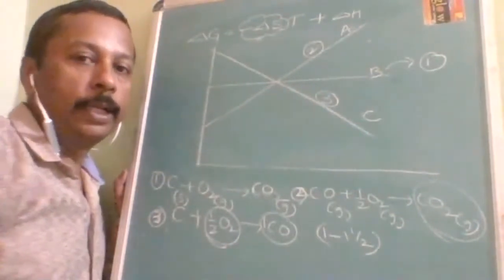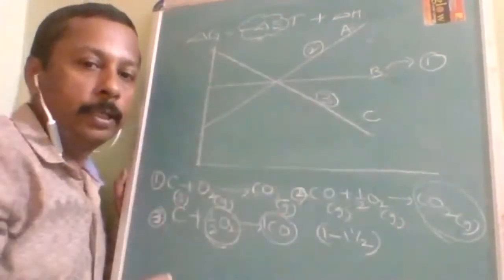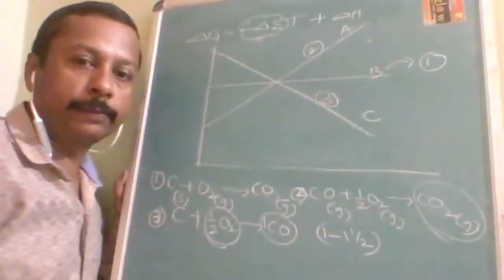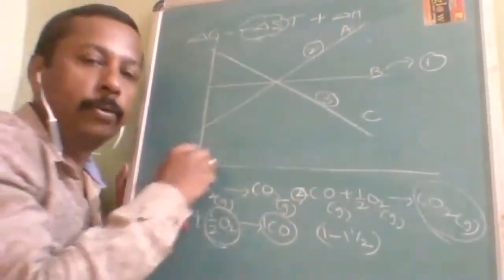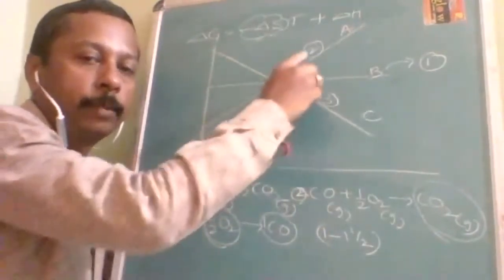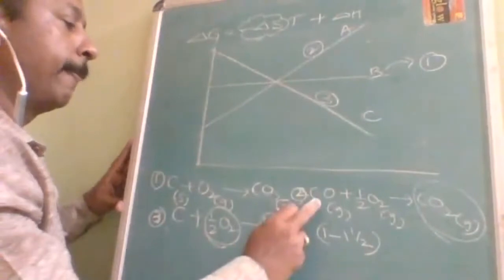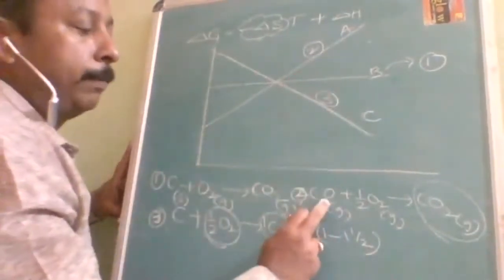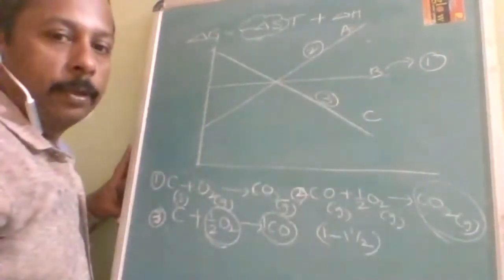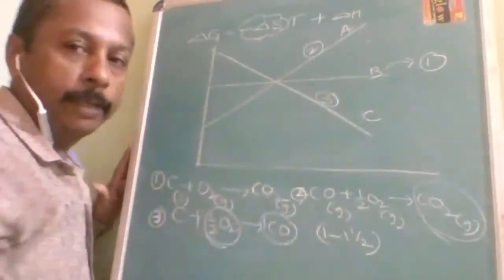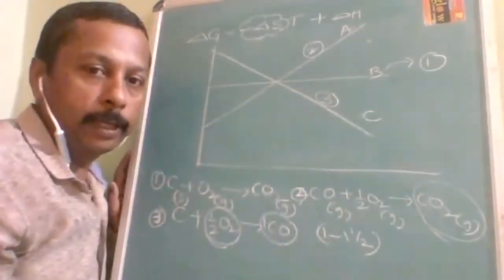When a line is coming down, that is partial oxidation, partial combustion of carbon. When a line is going upwards, what does it mean? It shows that it is complete combustion of carbon monoxide. If it is flat, it is complete combustion of carbon to carbon dioxide.